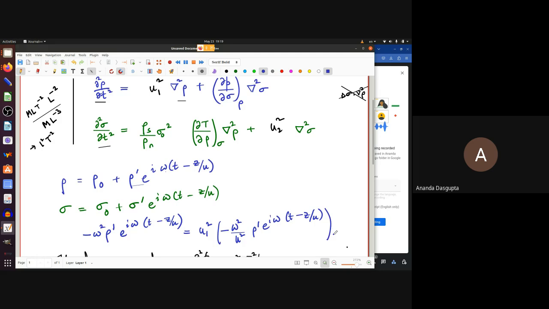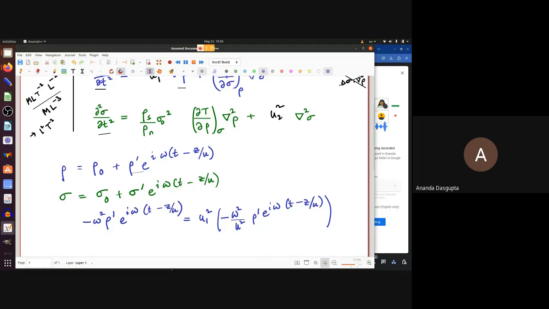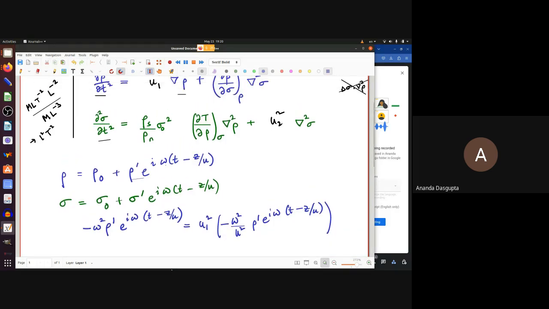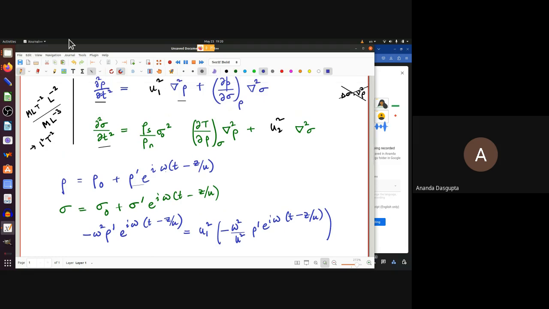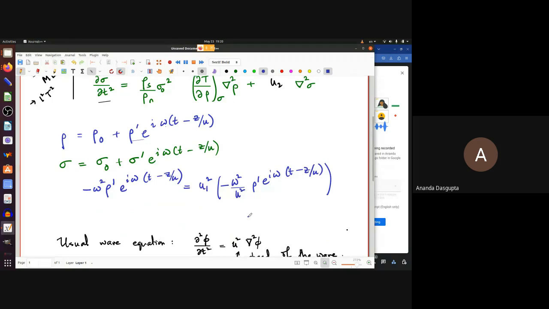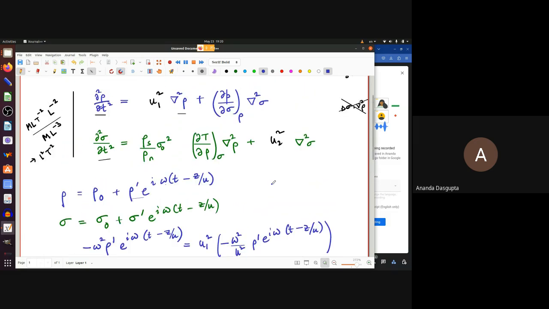What about the second term? For the second term, what you will have is this derivative del p del sigma at constant rho, into the Laplacian of sigma.